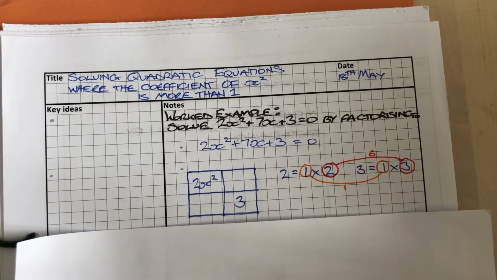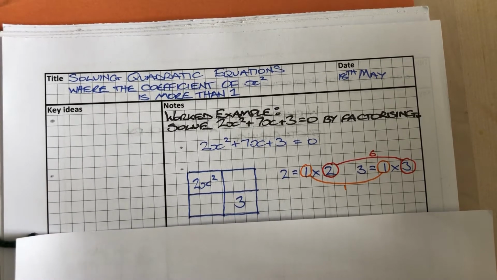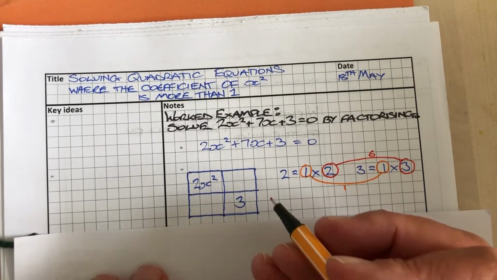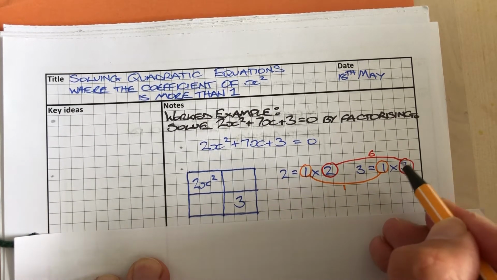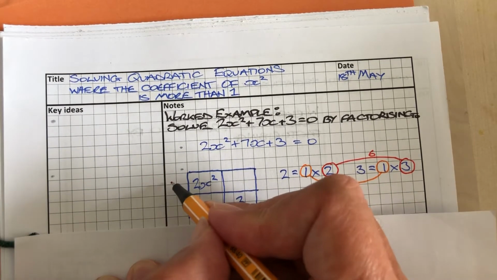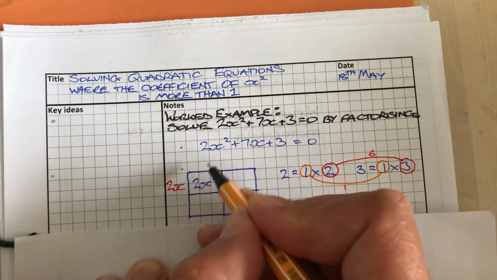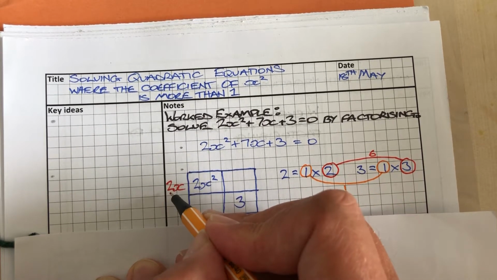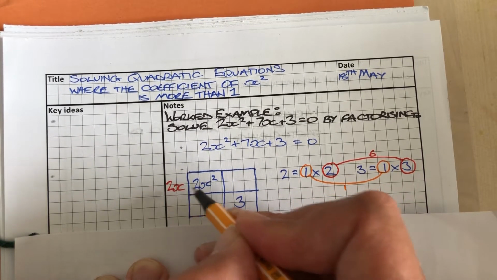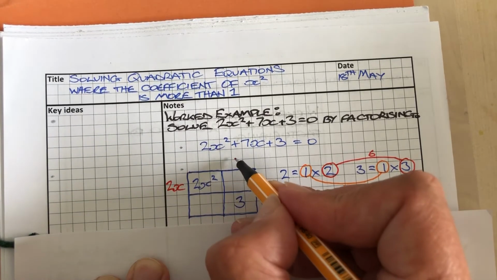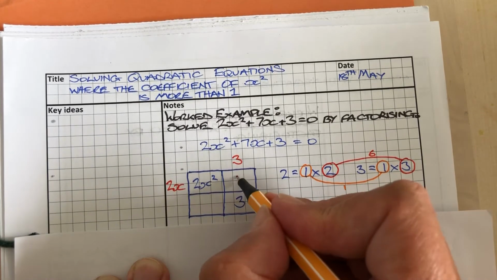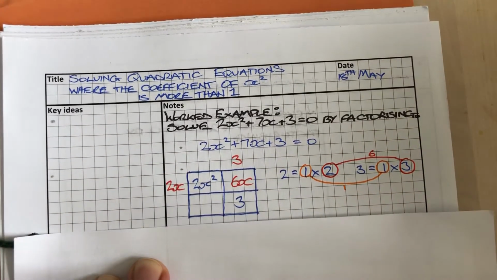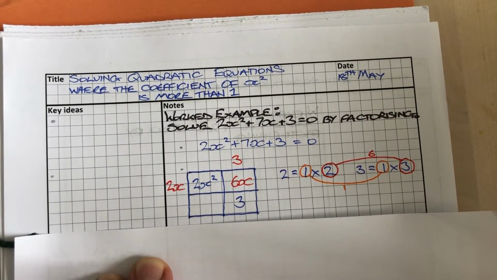Now I've done that, I can start to fill in what goes around my grid. So, this 2 is multiplied by this 3. So I'm going to put 2x here. I could have put it there. I've chosen to put it there, and that's a choice. And it needs to be multiplied by 3. So I've got to put the 3 there, so that 2 times 3 makes 6. Right?